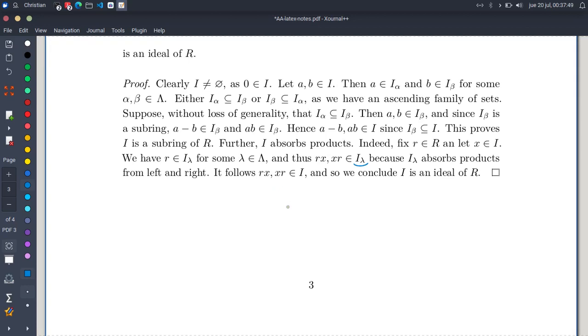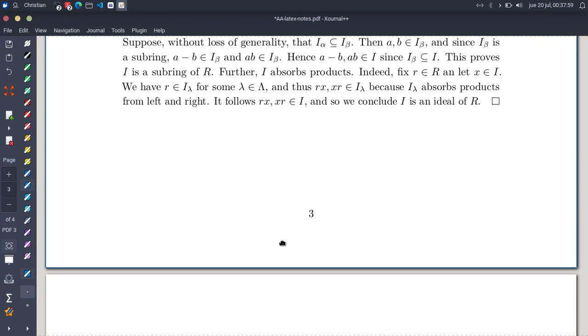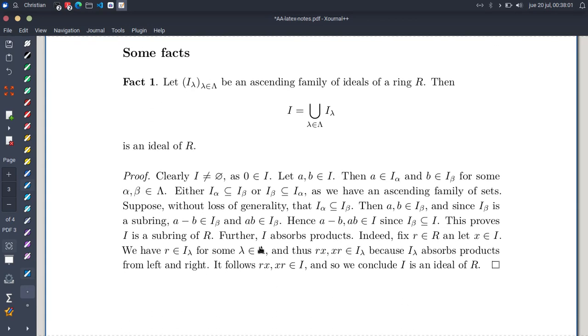It follows, because of this, that Rx and Xr are in I, and so we conclude that I is an ideal of R. That proves the first fact.